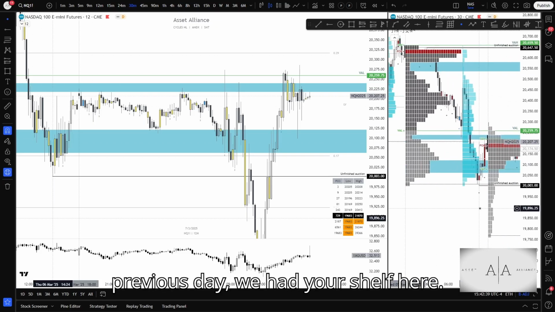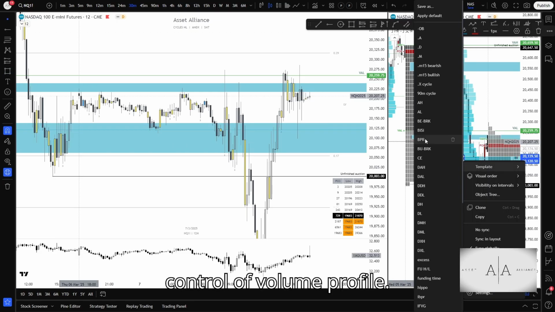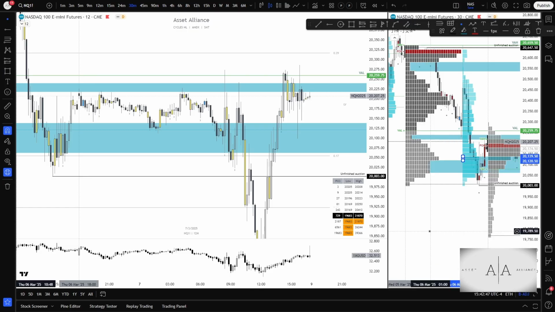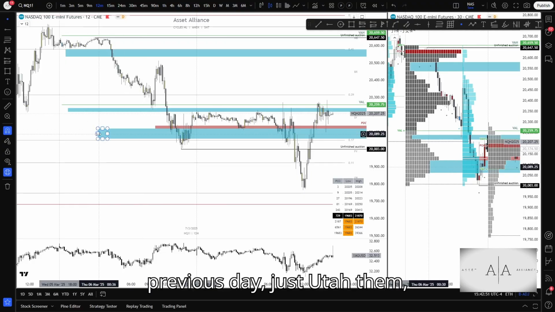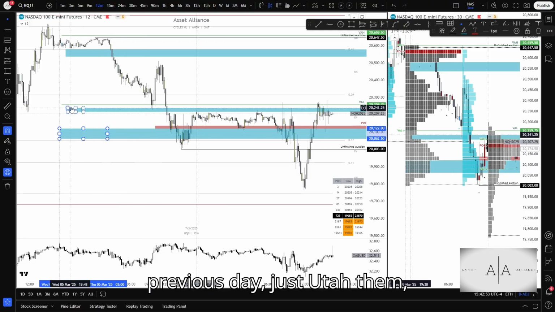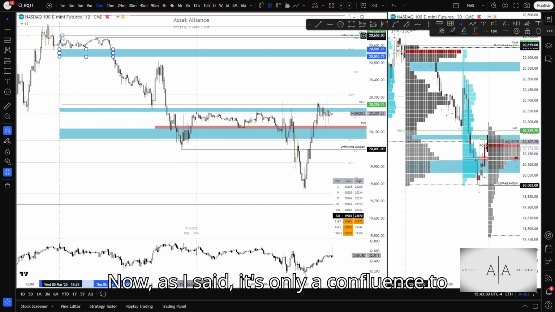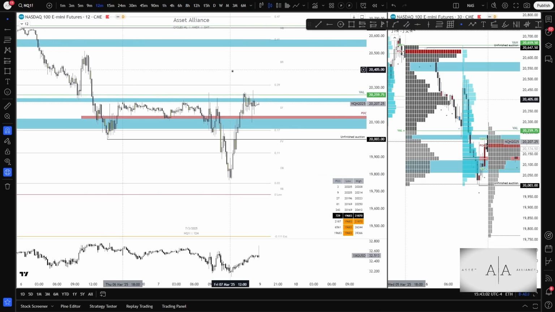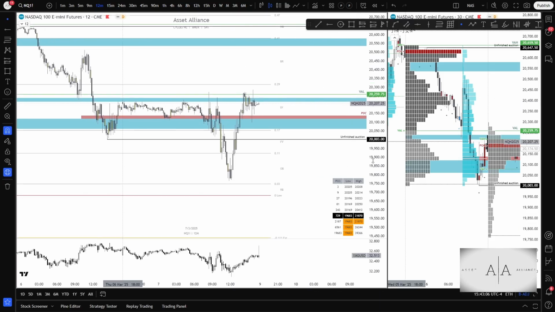So for previous day we had your shelf here and your point of control of volume profile. So these are the important parts from previous day. Just put them right. Now, as I said, it's only a confluence to help with looking at the Goldbach range.